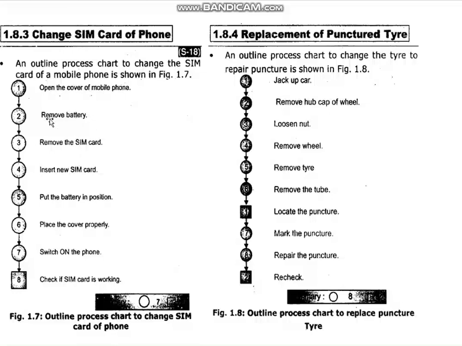Out of these things, all are only operations. Only checking takes place at the end, whether the SIM is working or not. So now 1, 2, 3, 4, 5, 6, 7 operations and 1 inspection. They should not have written 8 here.